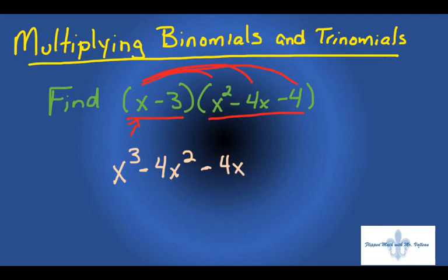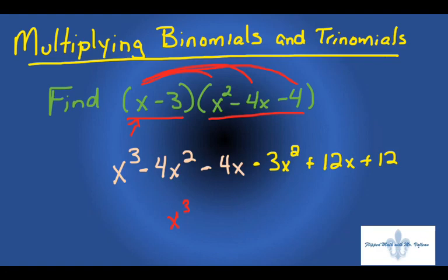Then we have to deal with the negative 3. Negative 3 times x squared is negative 3x squared. Negative 3 times negative 4x results in positive 12x. And negative 3 times negative 4 results in 12. Now it becomes a little more complicated, but we just combine our like terms, and we lead with our highest degree monomial, which is x cubed.